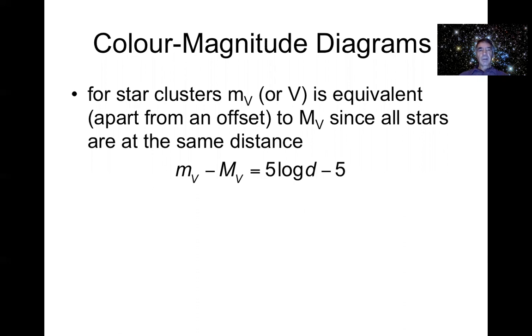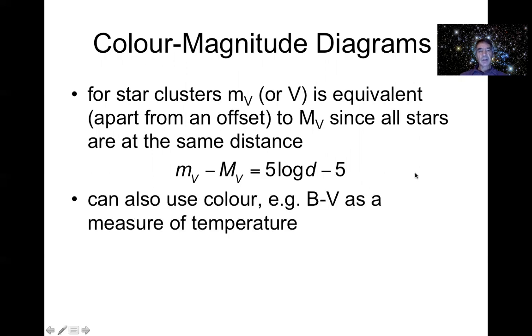So that means we can plot apparent magnitude on our y-axis here, and on our x-axis, instead of plotting the spectral type of the star, we can just plot the color. We're going to use the example of B minus V, so the B magnitude minus the V magnitude. Again, both of those would just be the apparent magnitudes.